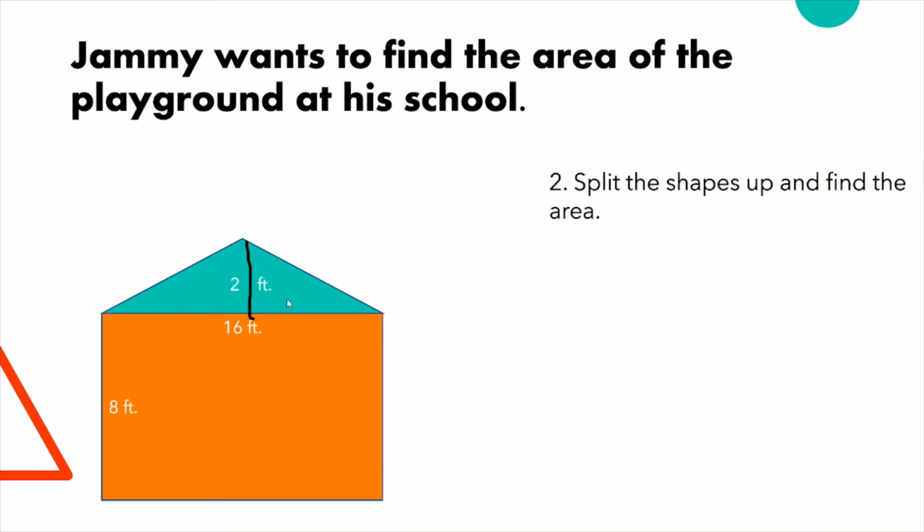The base of this triangle is 16 feet, and the height of this triangle is 2 feet. 16 times 2 equals 32. And then you have to divide by 2 again, which, you guys know it, goes right back to 16. So the area of this triangle is 16 square feet. That was pretty easy.